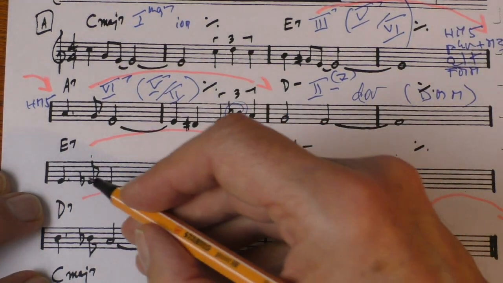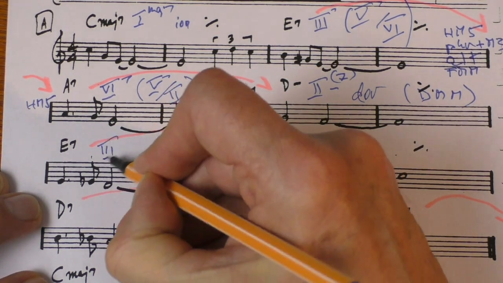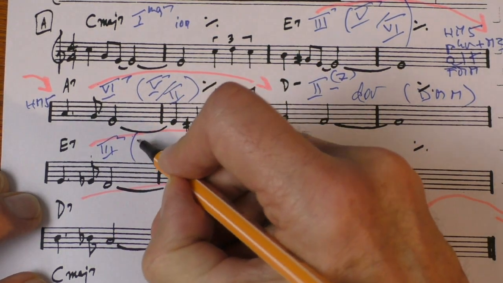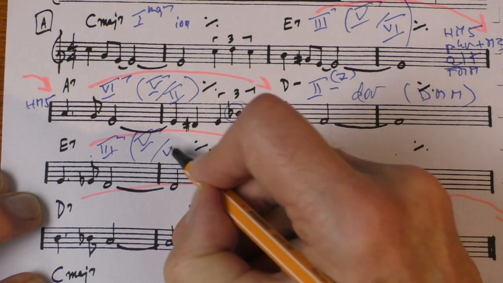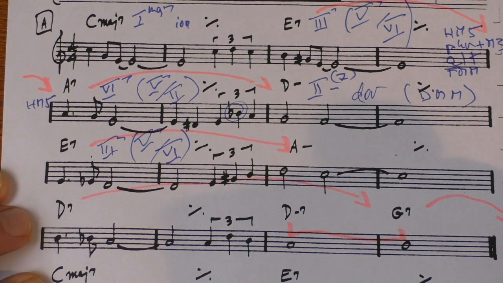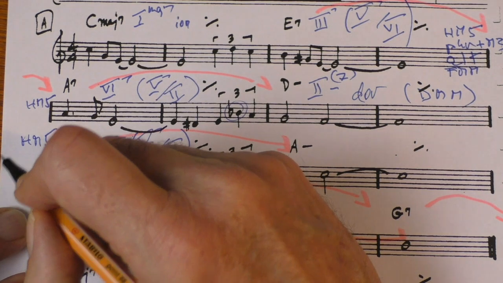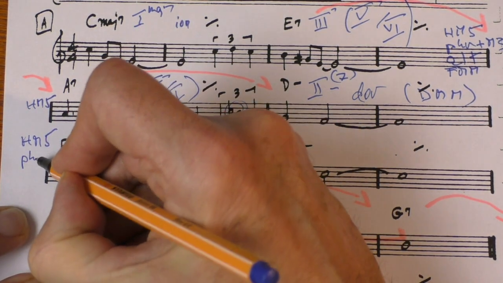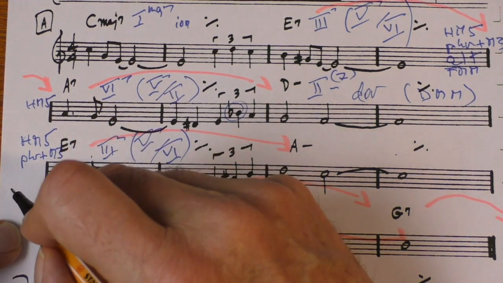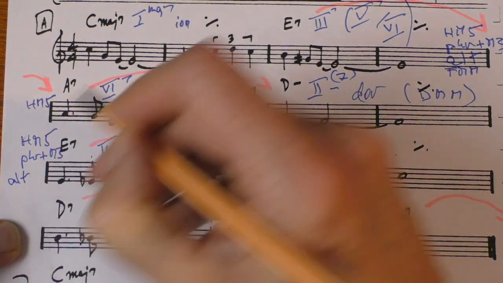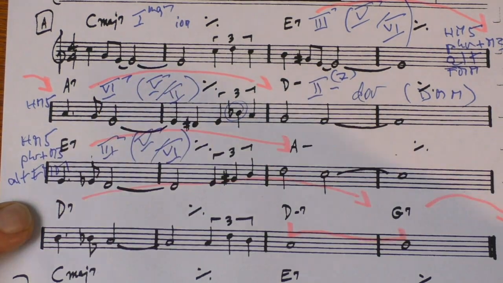The E7 here is again the same as above. That's the 3-7, or looking at it as being a 5-7 chord of the 6. We play harmonic minor of the 5, or Phrygian plus the major 3rd, or even play altered, which is the 7th degree of F melodic minor.